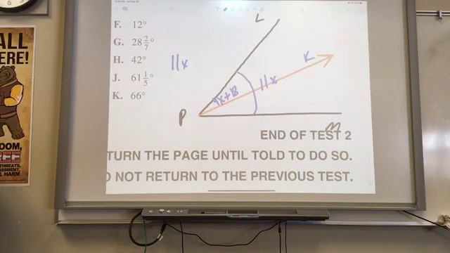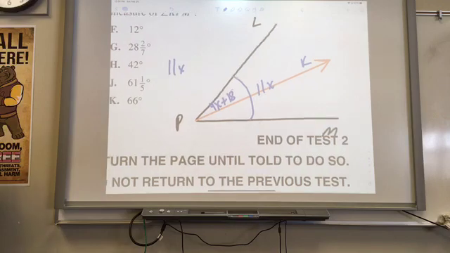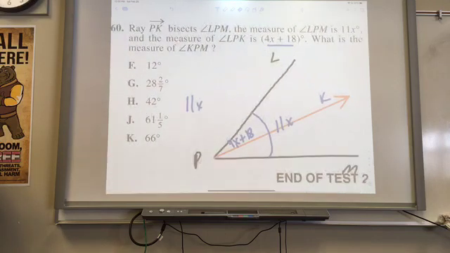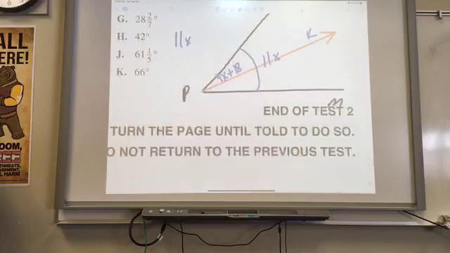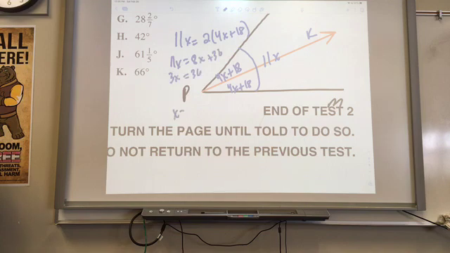Never mind. Forget on top. Now, it does say this bisects. What does the word bisects mean? Exactly in half. Would that also be 4x plus 18? Oh, and now you can figure it out. You can do 4x plus 18 plus 4x plus 18, or you can just do 2 of them and solve it, right? So if I go 11x, that's 8x plus 36. Subtract that over. 3x is 36, x is 12.